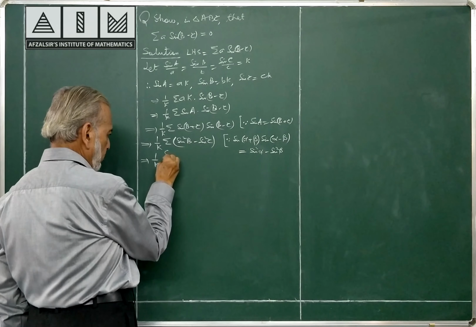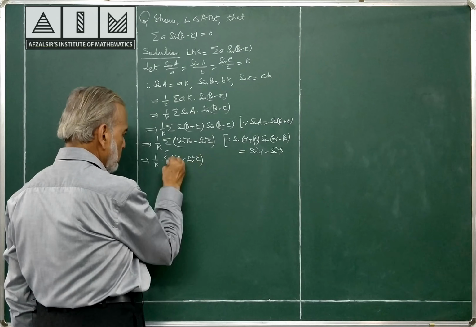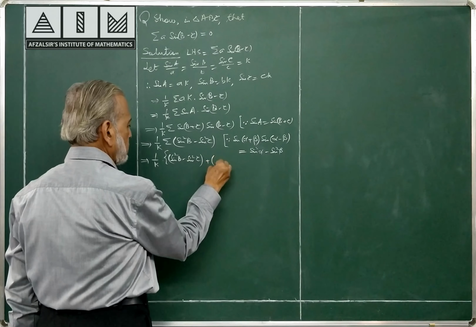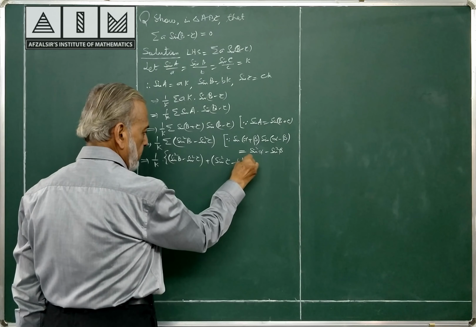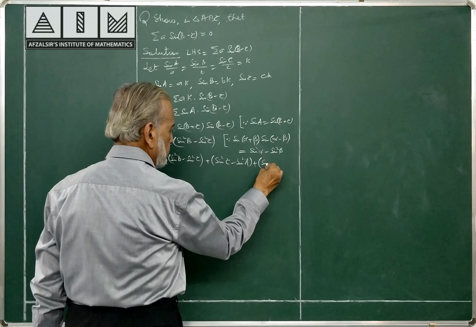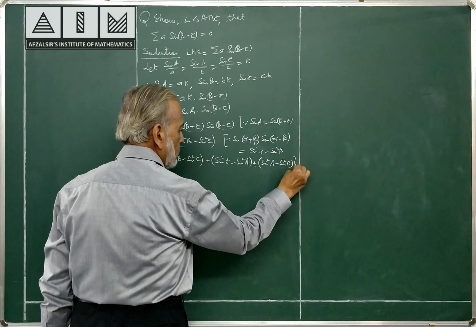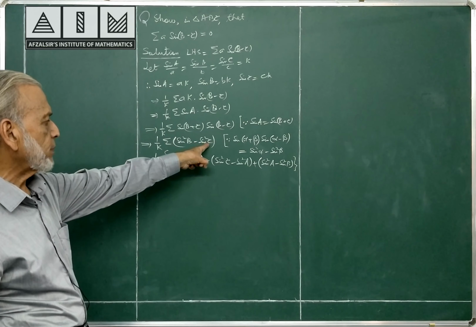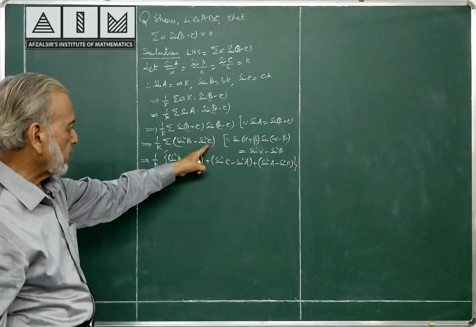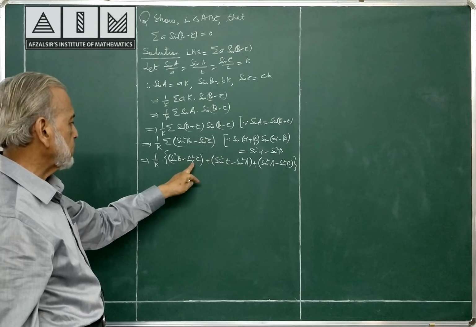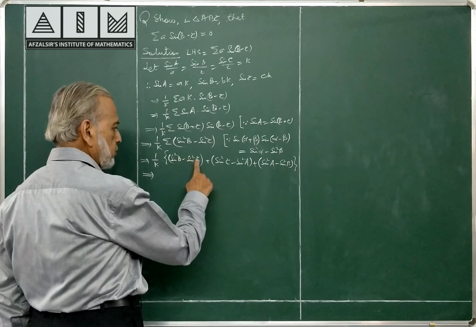I am opening your sigma, please see carefully. Sin square B minus sin square C is the first term, plus sin square C minus sin square A is the second term in the expansion of sigma, and the last term is sin square A minus sin square B. One by K, sin square B minus sin square C is expanded, then sin square C minus sin square A, then sin square A minus sin square B. Please see here, all these terms cancel each other.